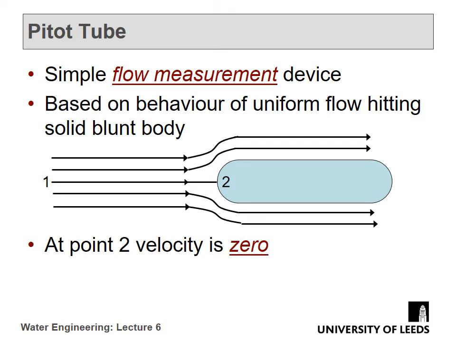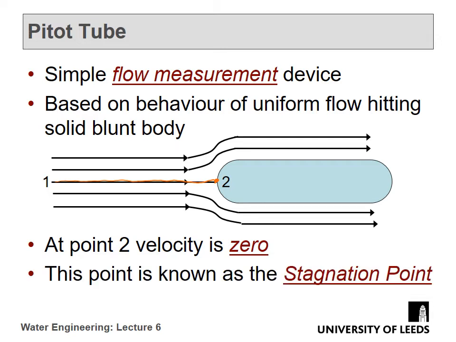At point 2 we've got this special streamline that runs into the blunt body and stops, because at that point it has a velocity of 0. It's known as a stagnation point. The fluid is stagnant, and we can work out what the pressure is at that point by applying Bernoulli along that streamline in the centre.